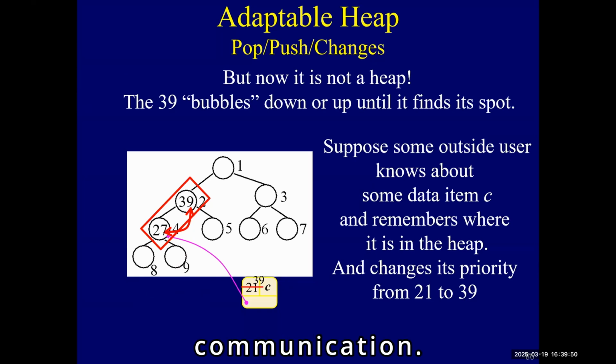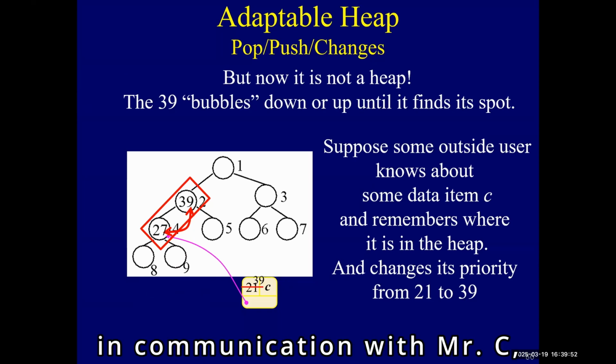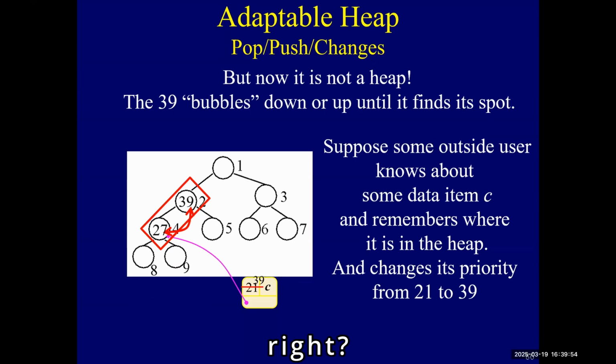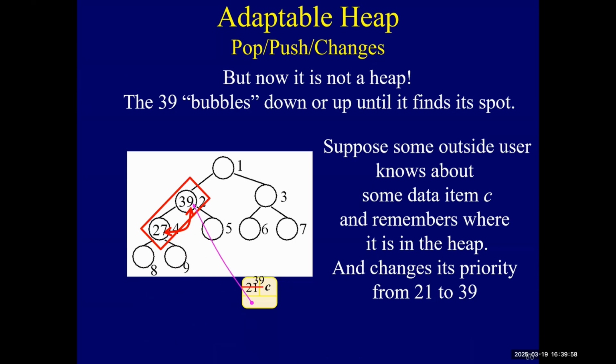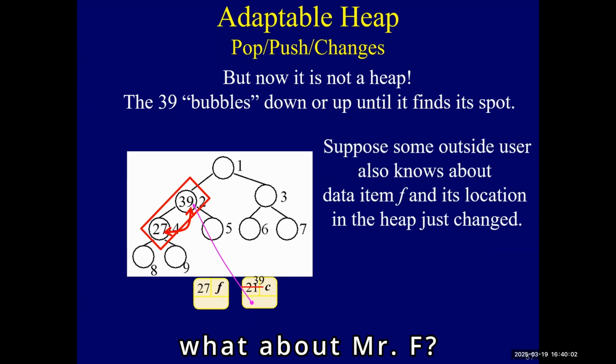And I'm in communication with Mr. C, right? Mr. C, you got to move. Now, what about Mr. F? I'm Mr. Heap, and I don't even know him. I haven't even met Mr. F. I know Mr. F's out there somewhere, but I don't know who he is.